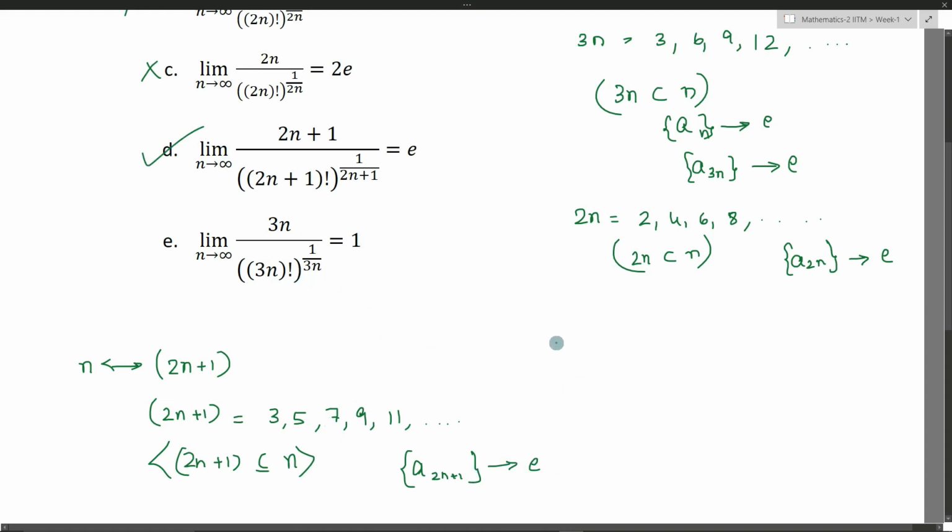What about the last option? I'm sorry, there is a typo. There is also a ln here. I'll write it here: limit n tends to infinity ln of a_3n, which is 3n divided by 3n factorial to the power of 1 by 3n. They are saying that it will be equal to 1.